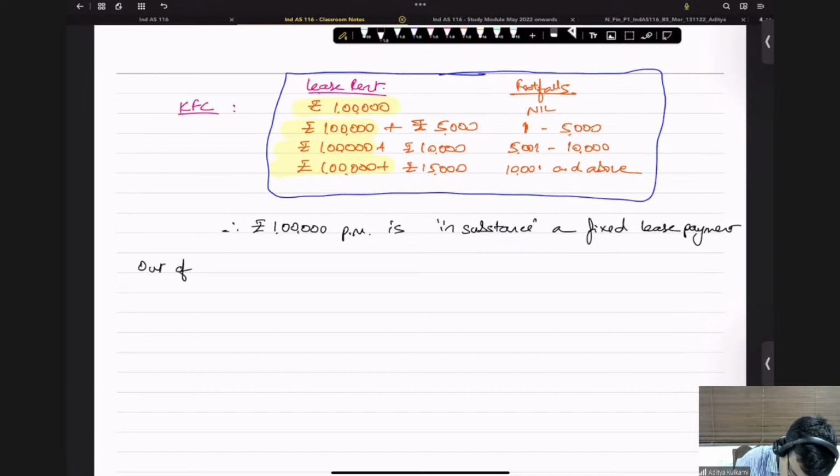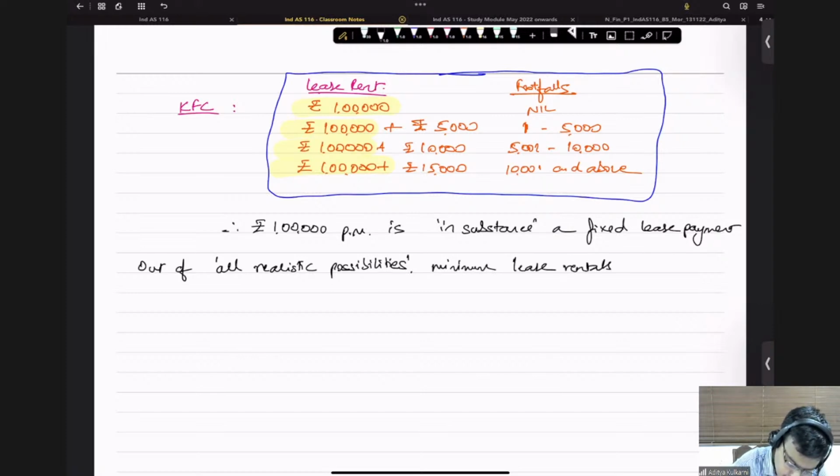Out of all realistic possibilities, comma, minimum lease rentals payable at all times.